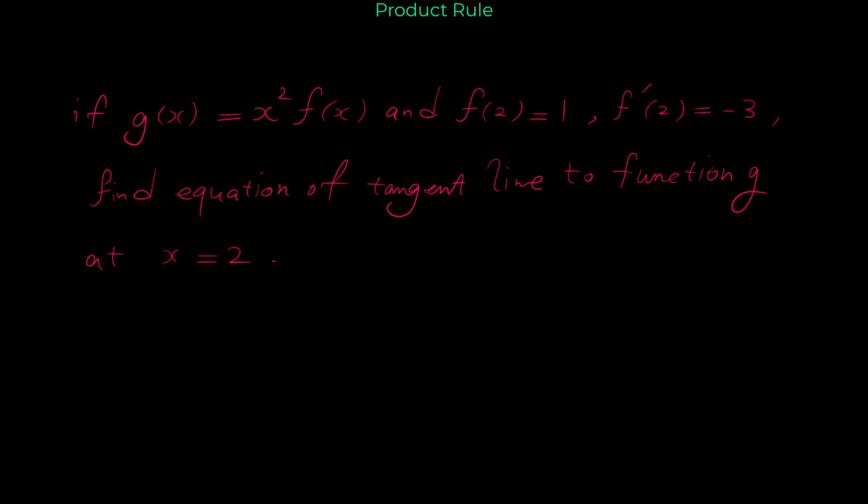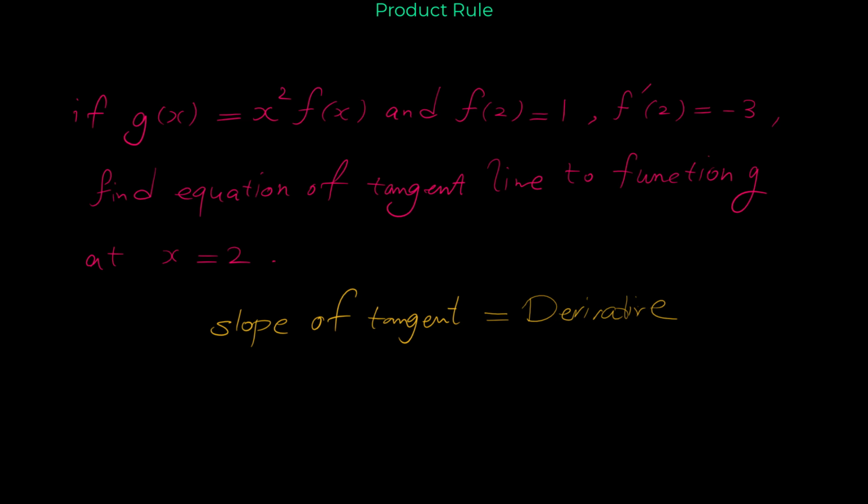We know that whenever we want to find the equation of a tangent line, we have to first find the slope of the tangent line. And what is the slope of the tangent line? Let me remind you. The slope of a tangent line is always equal to the derivative of the function, dy over dx.